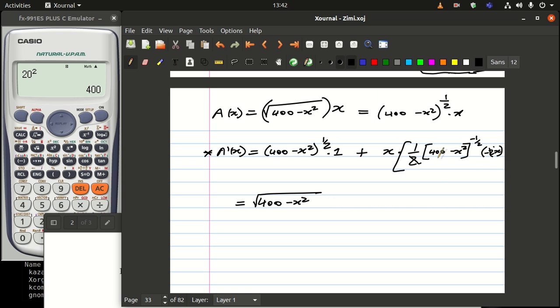Then we have this minus and a plus, so we'll end up with a minus x squared, because x times x is x squared. And we have to divide by this because the exponent is negative. So we have 400 minus x squared with the positive exponent of 1 over 2, which we know very well is just the same as the square root. So that's what we are getting here.